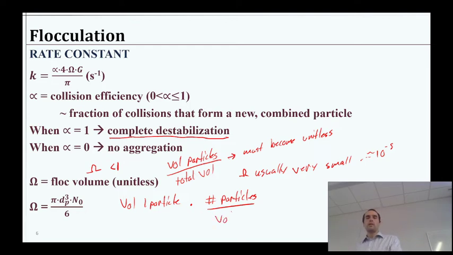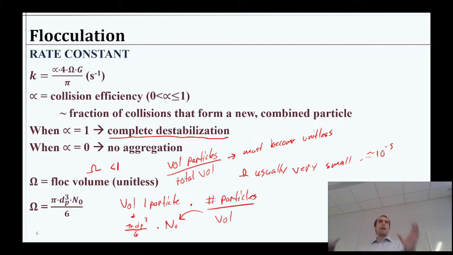So really, all we're saying here is the volume of one particle, assuming it's spherical, is going to be pi times the diameter of that particle cubed divided by 6. That's the equation for a sphere. And then we can multiply that by the initial number concentration of particles, because that is exactly what we have here, right?